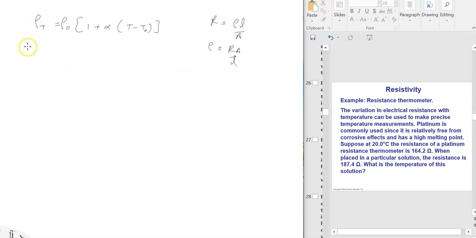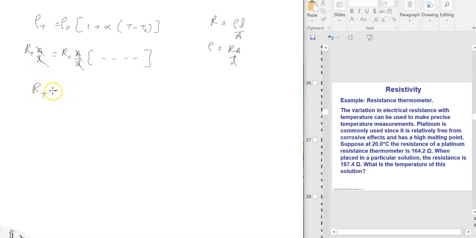Instead of rho_T, I can say R_T A over L equals R_0 A over L and the rest of it. If we assume the cross section and length don't change, we can cancel this on either side of the equation. So I can write the above equation for the resistance, which is more useful than resistivity.